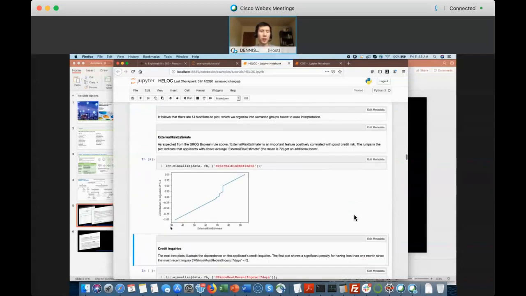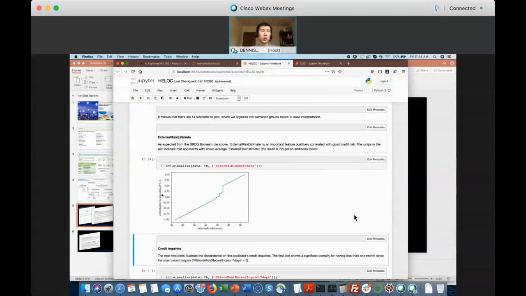On the x-axis is external risk estimates, which range in values from 30 to almost 100. And on the y-axis is plotted, if you want to get technical, the contribution to the log odds of the positive outcome.